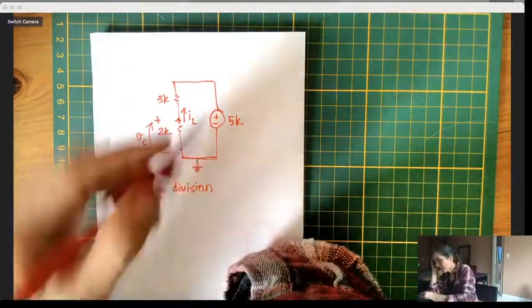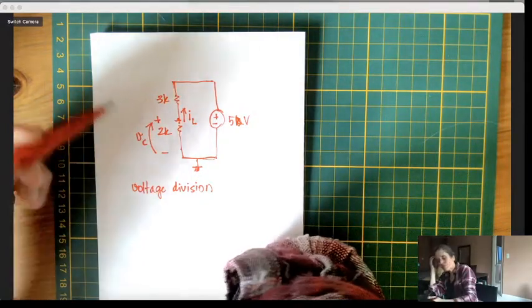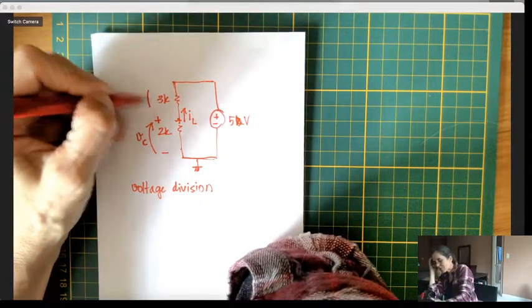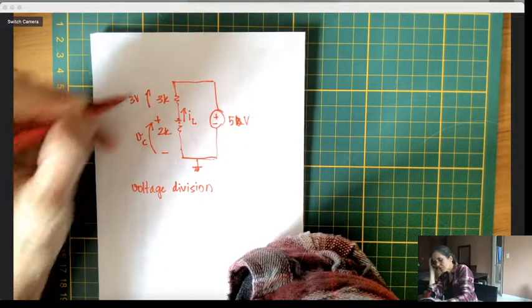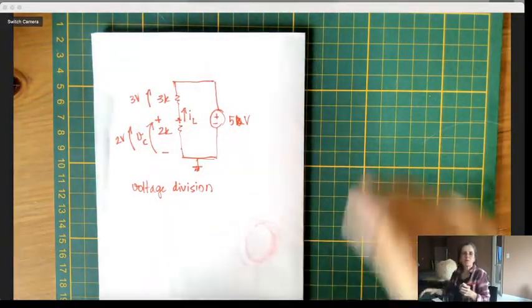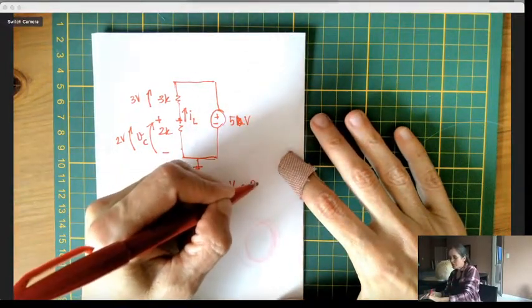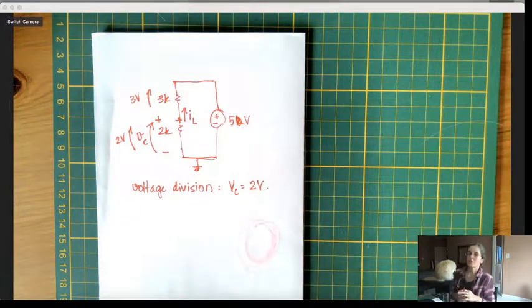So if you see, oops, not 5K, this is 5 volts, splitting between 2 and 3. What happens is that across the 3K, you have 3 volts. Across the 2K, you have 2 volts. And therefore, VC is 2 volts.